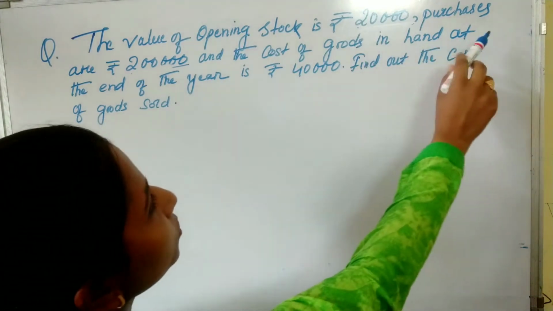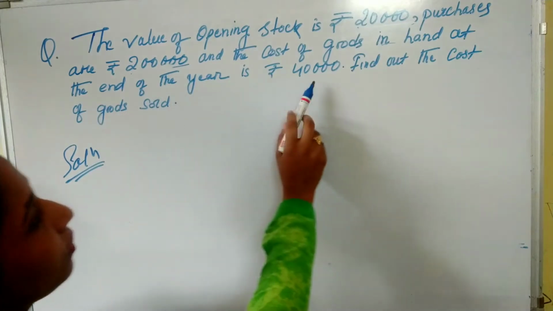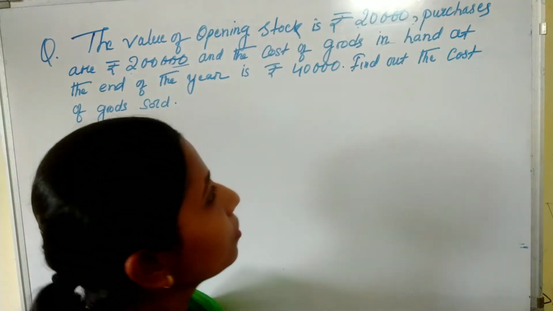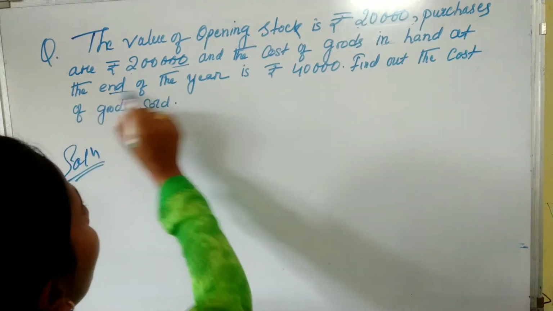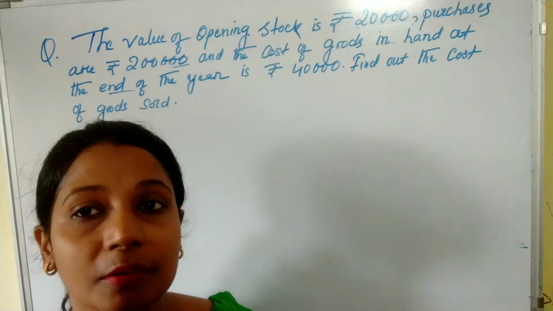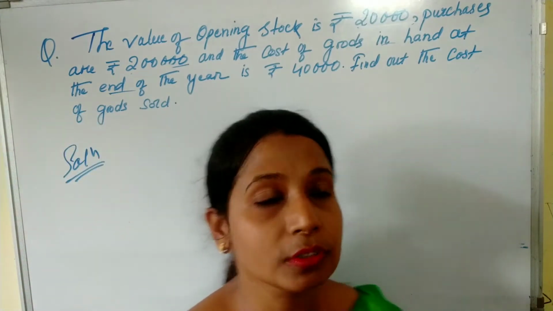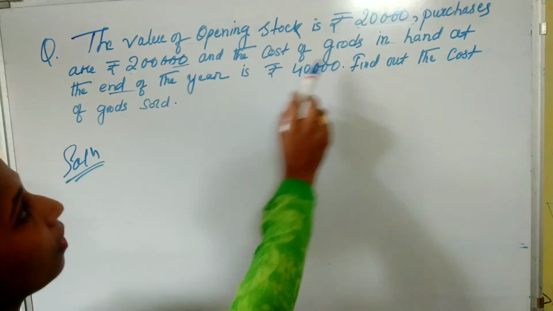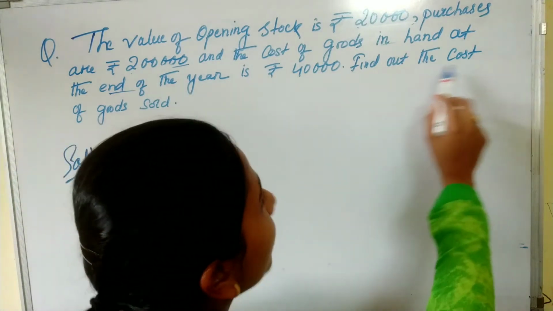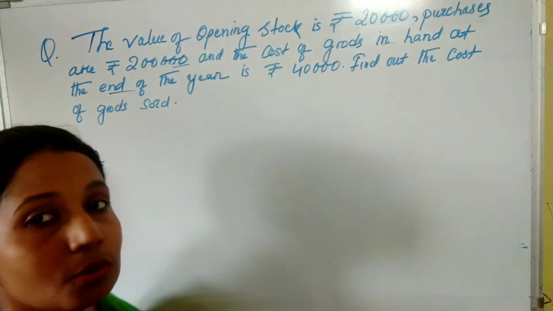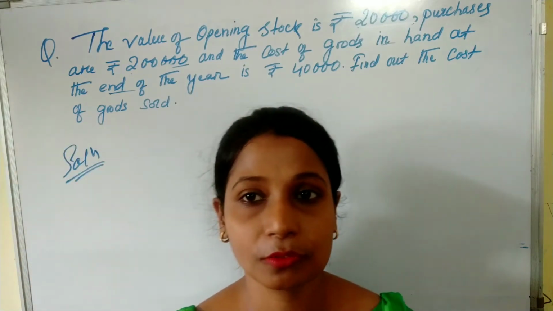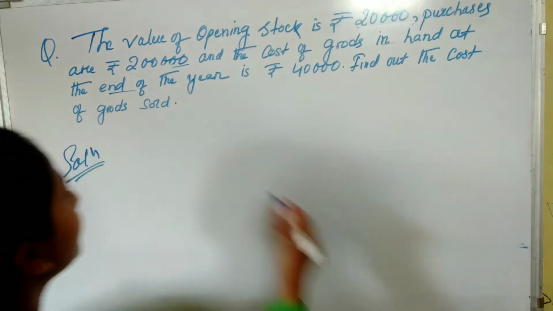And the cost of goods in hand at the end of the year, which means closing stock, is 40,000. Find out the cost of goods sold. So let's find it out.